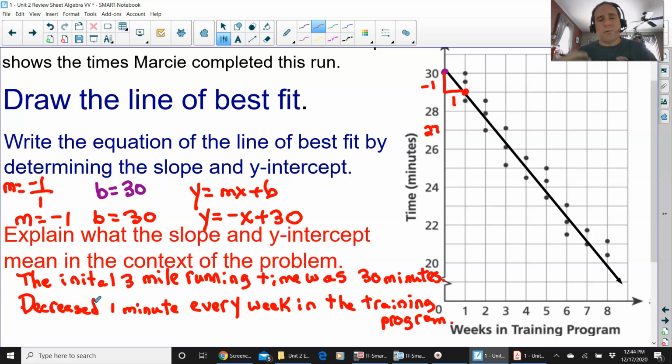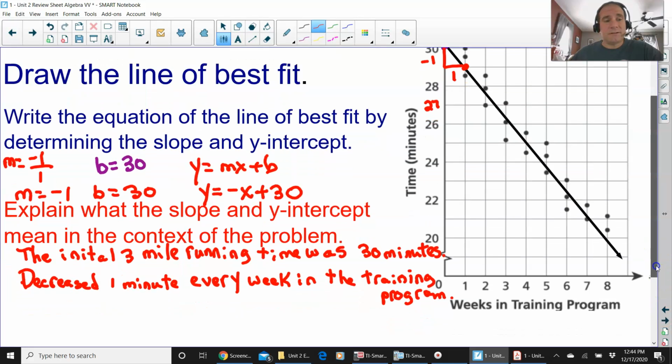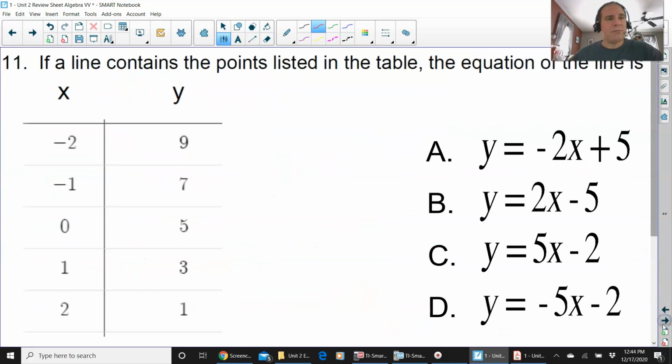And that is an approximation, right? This is a trend line, so it's not a perfect number. It's not a perfect calculation. A trend line is a prediction, the best that we can, of future values. All right, so let's go on to number 11.